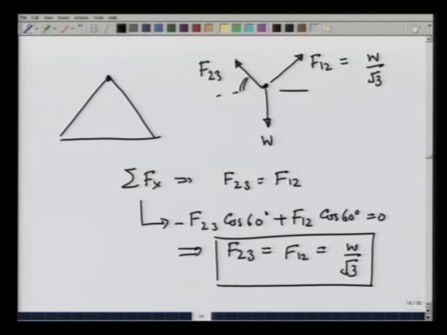So, we have determined all the forces in the system by looking at equilibrium of each point.